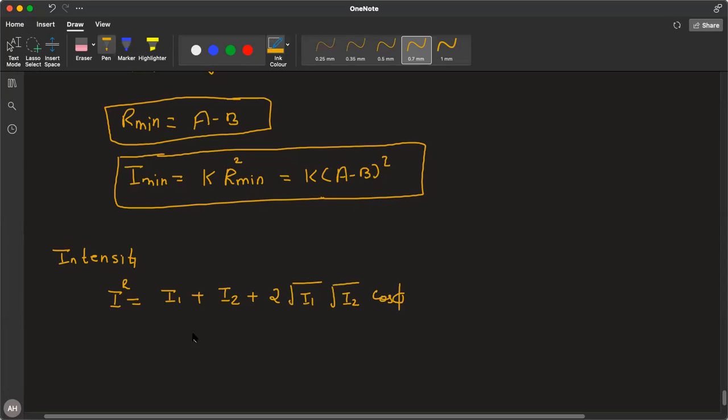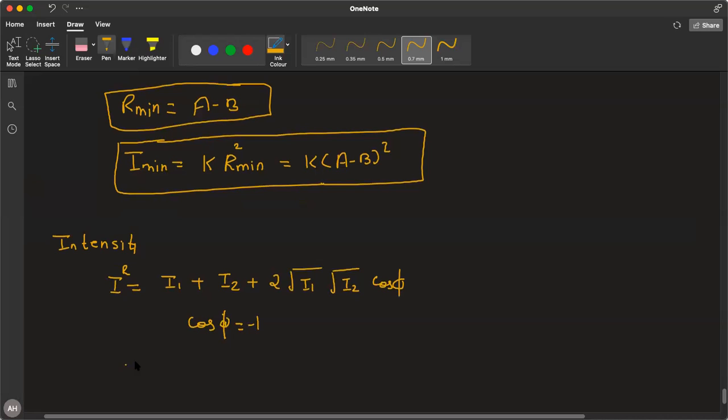So for minimum intensity, I need cos phi to be minus 1. So the minimum intensity is I1 plus I2 minus 2 root over I1 root over I2.